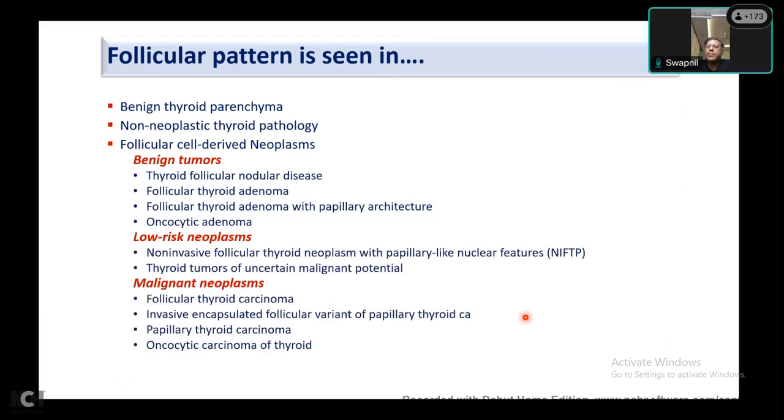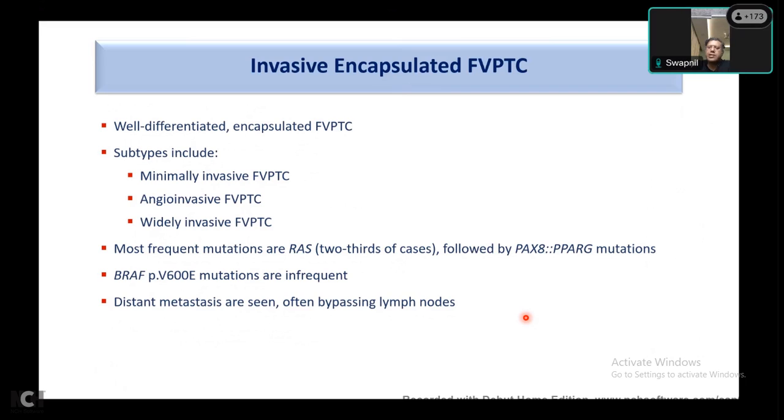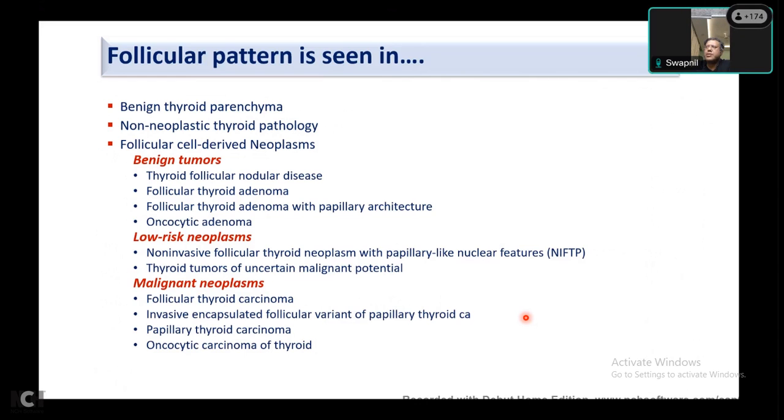Unlike classical PTCs, encapsulated follicular variant of PTC is much closer to follicular neoplasms or follicular carcinomas because they have more RAS mutations. Most of these tumors don't go to the nodes. They behave more like follicular carcinomas, despite the nuclear features of PTC.